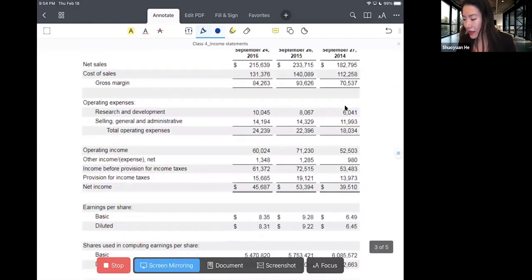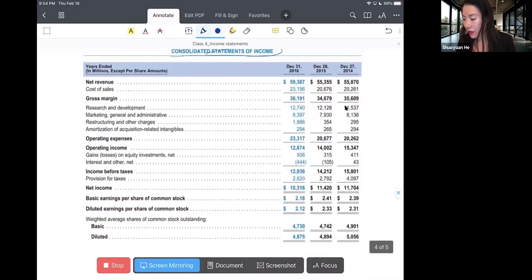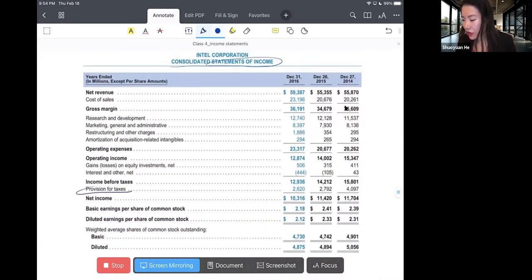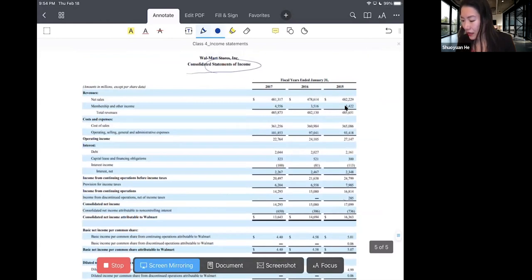Apple is calling it provision for income tax. Intel is calling it provision for taxes. And Walmart is calling it provision for income tax. So you can see that even for income tax expense, different companies are giving it different names.